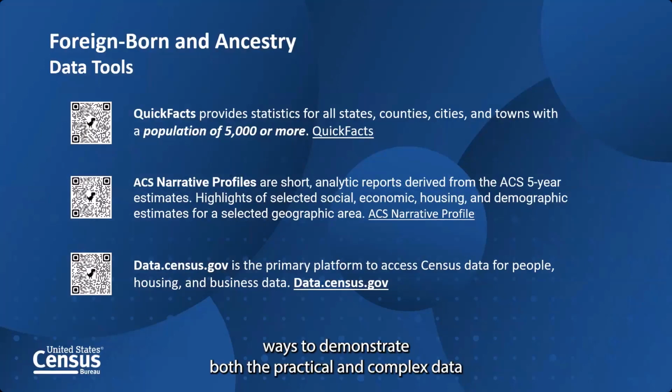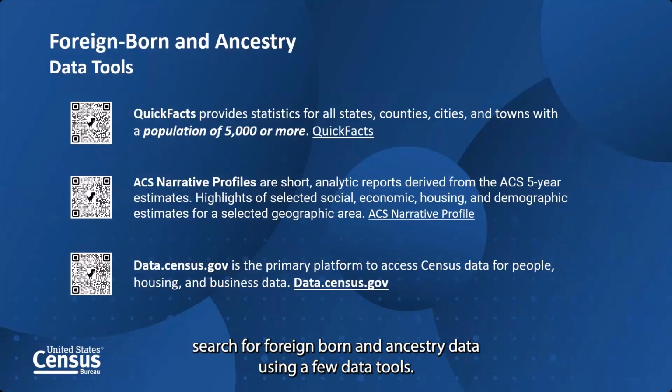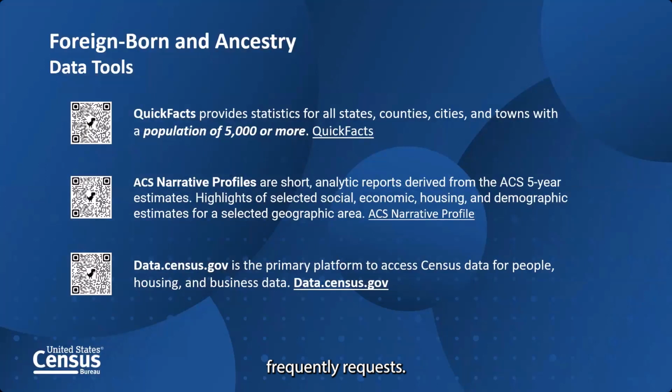Our goal is to demonstrate both the practical and complex data search for foreign-born and ancestry data using a few data tools. The first you may be familiar with, which is QuickFacts. QuickFacts offers a quick and easy way to find frequently requested data for populations of 5,000 or more. The next is the American Community Survey, also known as ACS.